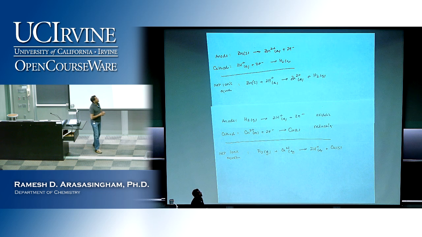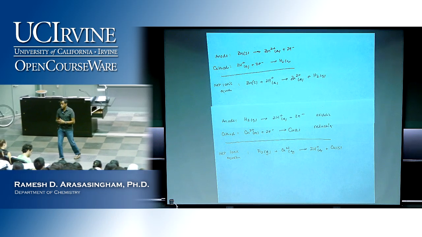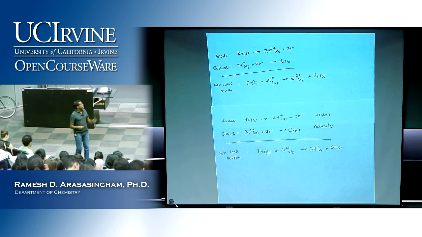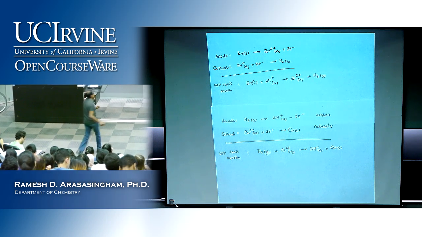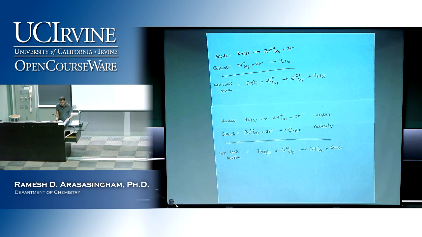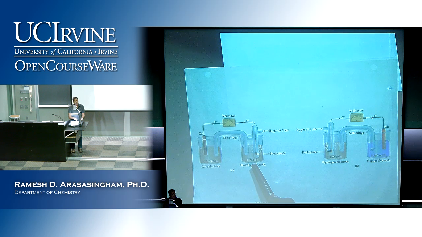So the overall reaction that takes place in the second example, where now your hydrogen electrode is the anode where the oxidation takes place, and now copper is the cathode, would look like that. So that's what this picture shows you. Remember, usually when you draw these out, it's customary to always put the anode first and then the cathode second.